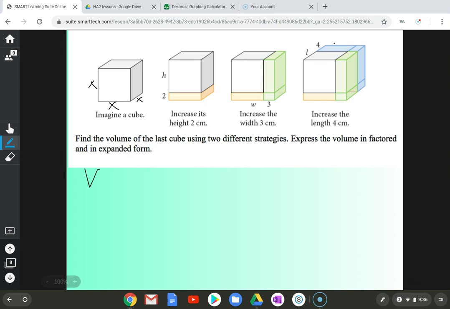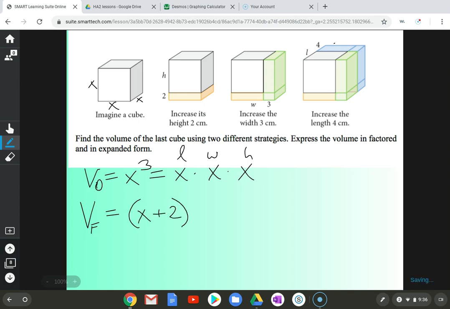So the volume of the initial cube, our first volume, is x cubed. We'll call this V0 for initial volume. But our final volume would be this. So our x cubed is the same as x times x times x, which represent our length, our width, and our height. So our new height is going to be x plus 2.